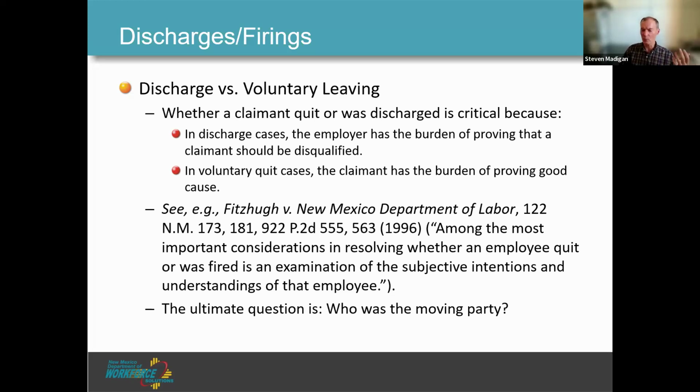It could be someone resigns, but they were told, if you don't quit, I'm going to fire you. We don't consider the claimant to be the moving party in that scenario. They only resigned because they were being forced to resign. So we would actually address that as a discharge. We're kind of looking at who set this separation in motion.